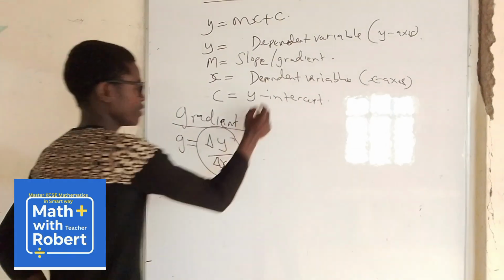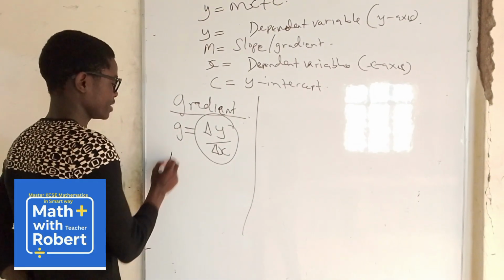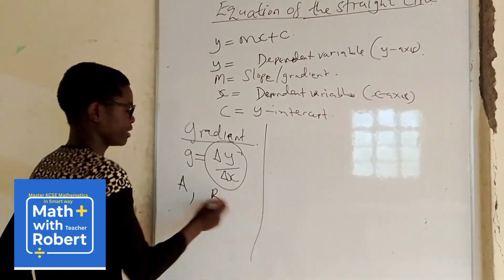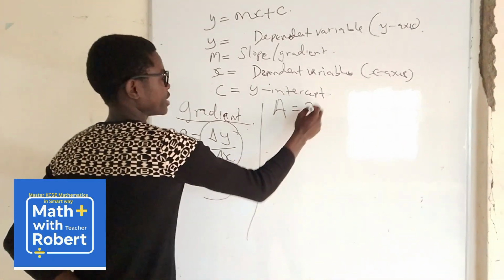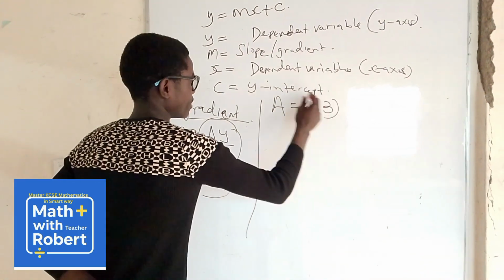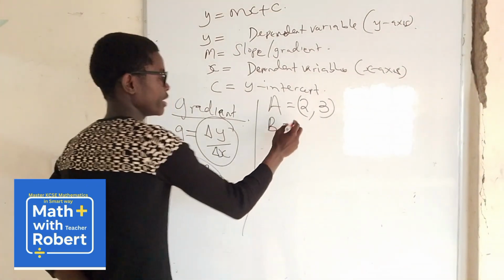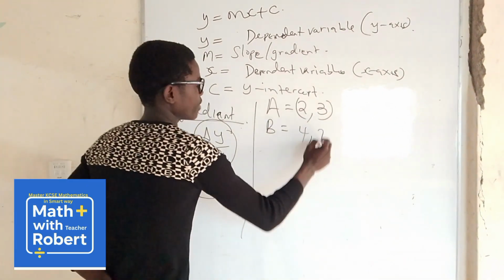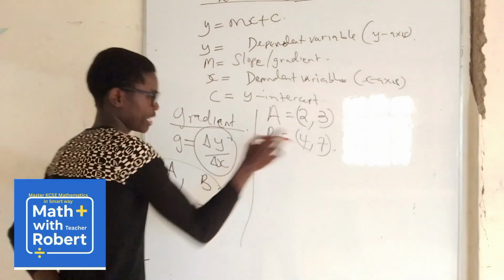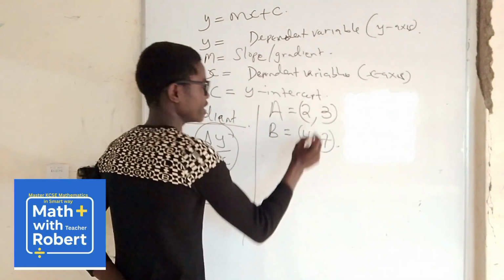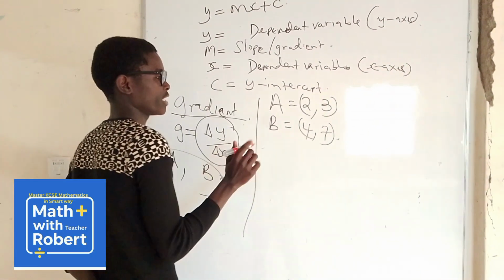So let's say you have 2 points, A and B. Point A is (2, 3), and point B is (4, 7). To get the gradient of this line, it is changing y over changing x.